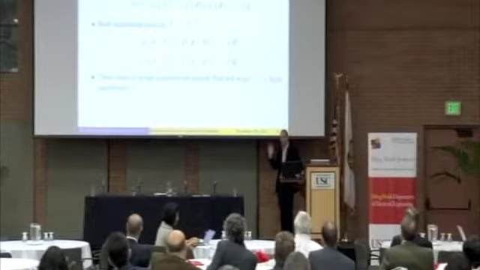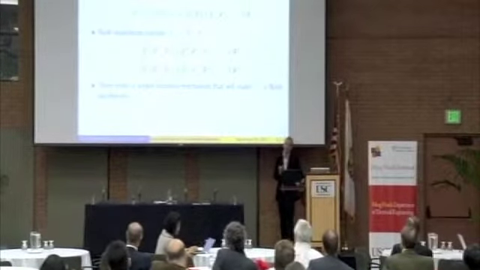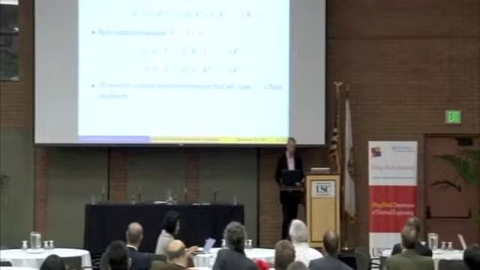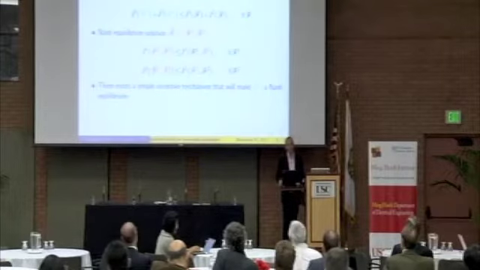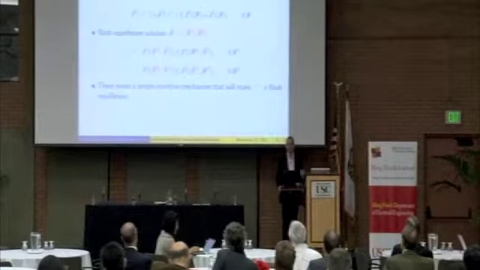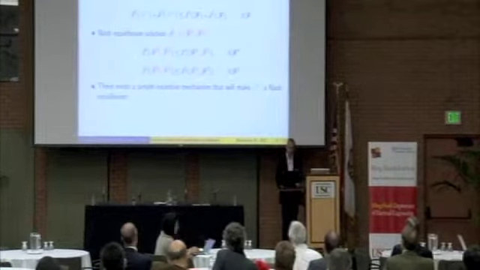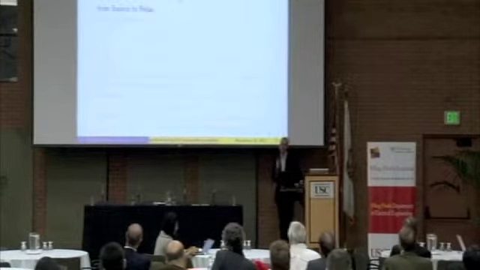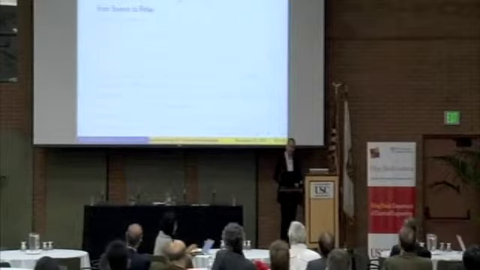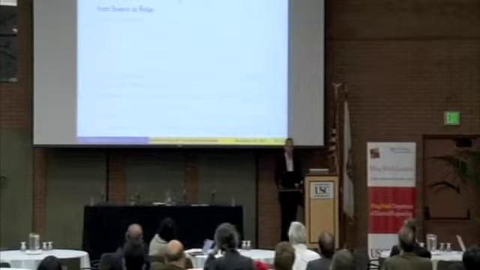So in the next slide, I want to show you that there's a very trivial mechanism that can make F star, that is the solution of the optimal problem, of the centralized problem, a Nash equilibrium of the game we're discussing. Okay, but there will be problems. So let's start with this very simple solution. The solution is to pay a certain amount of money, a certain amount of credit.